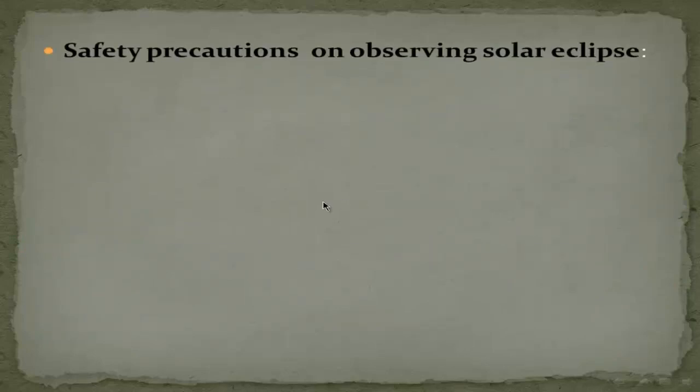At the end, before we leave the solar eclipse phenomenon, we must know it's a very important event that happens in all the world, and to observe it, we must take safety precautions.